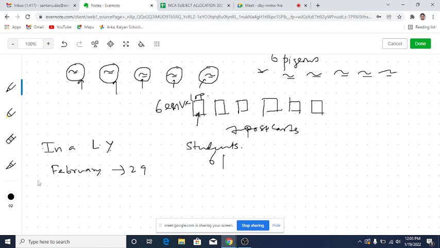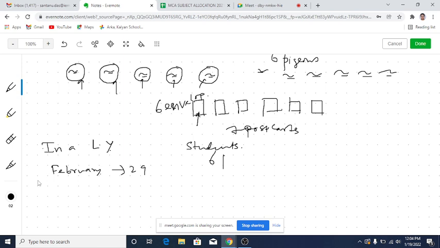Then what is the minimum number of possibilities such that 3 students might have their birthday on the same day?